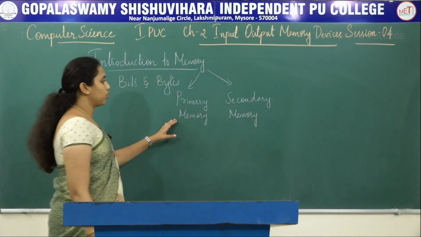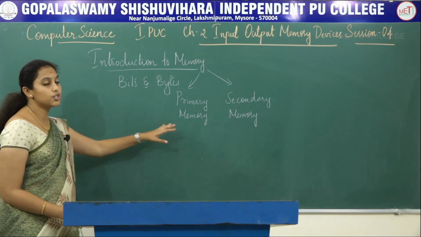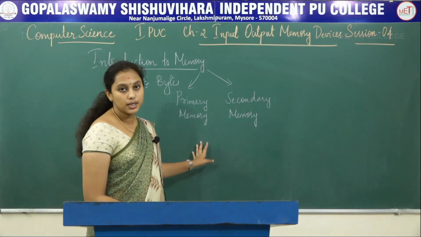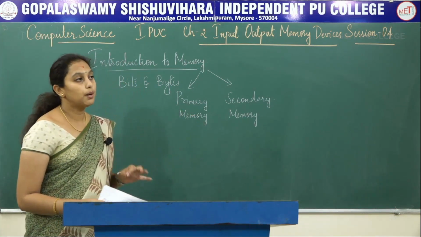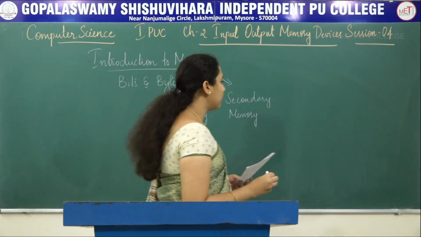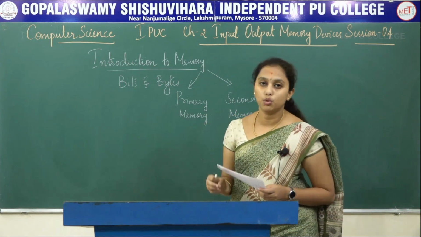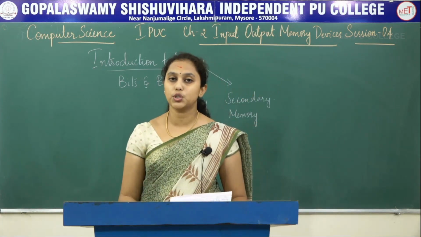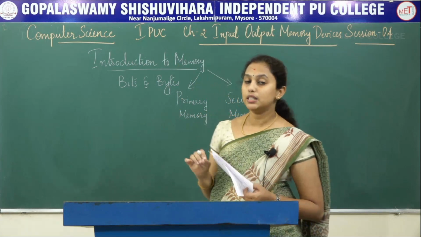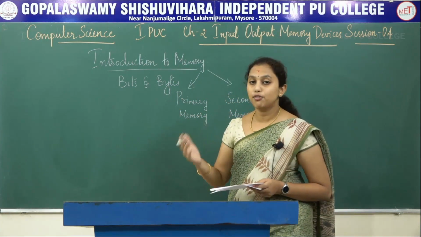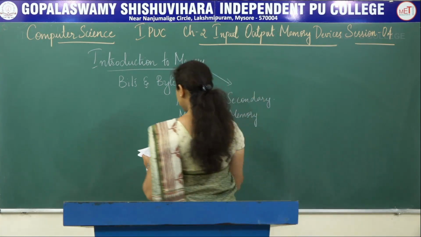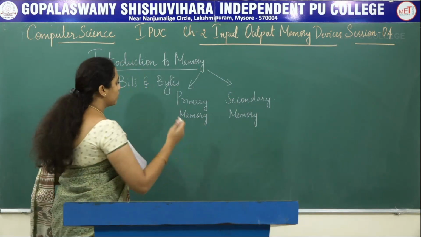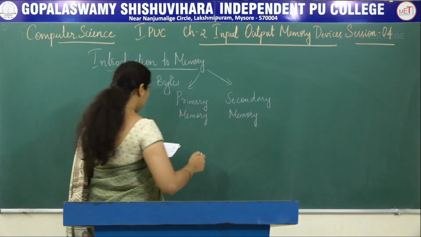Primary memory units are the storage areas of the computer. The term memory refers to the main memory of the computer, and the word storage refers to the memory available on CDs, floppy disks and other disks.